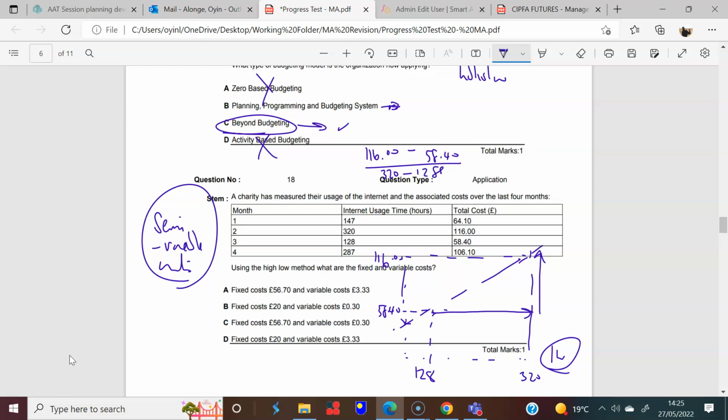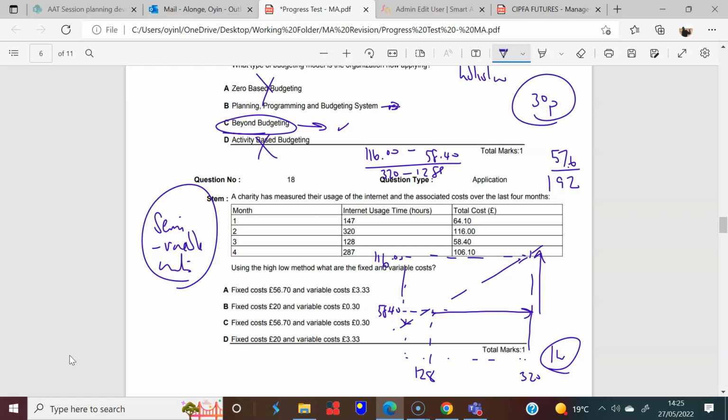And that's what we have. So let's do that very quickly. 116 minus £58.40 takes us to £57.60, divided by 320 minus 128, which is 192. So 57.6 divided by 192 is 30p. So we have a variable cost of 30p.